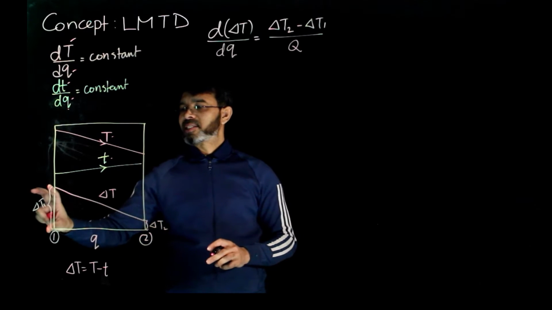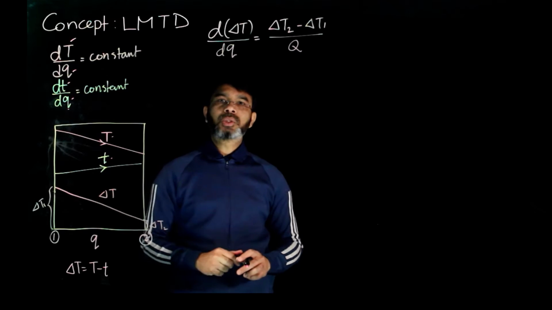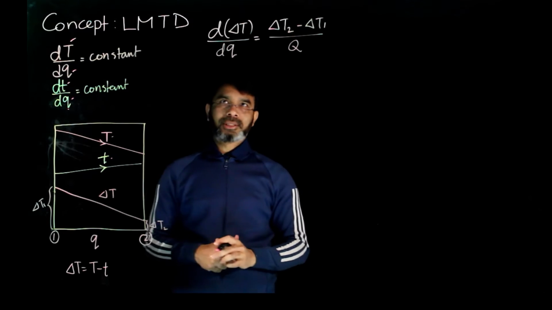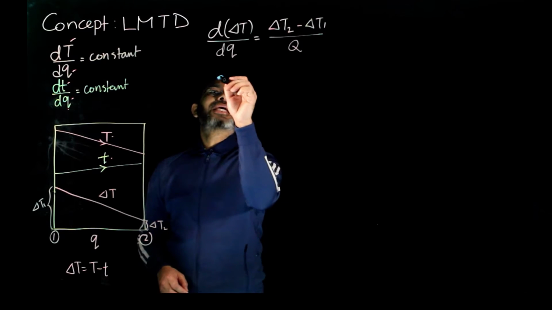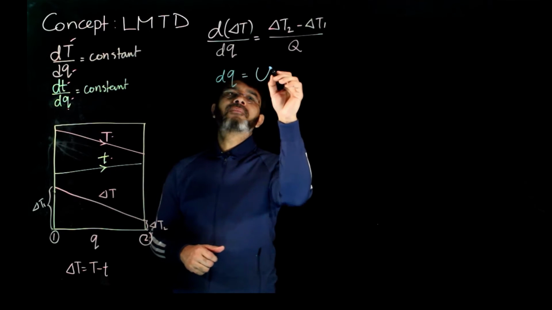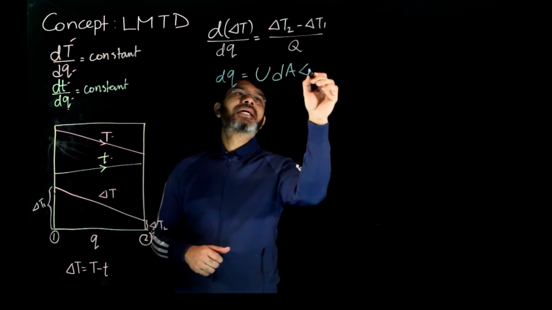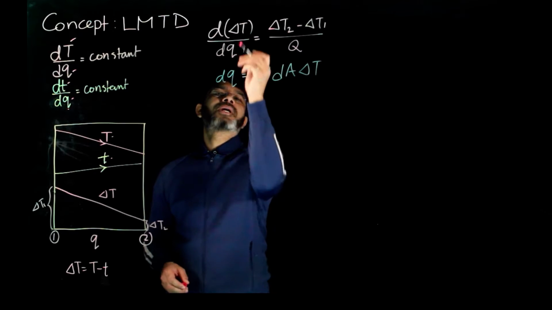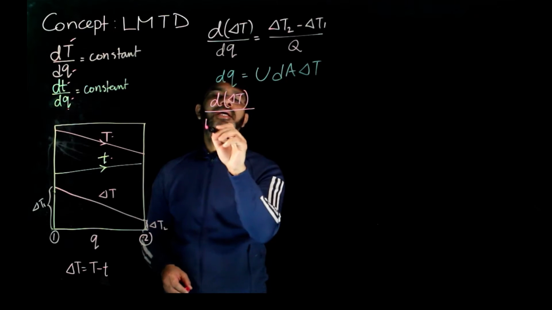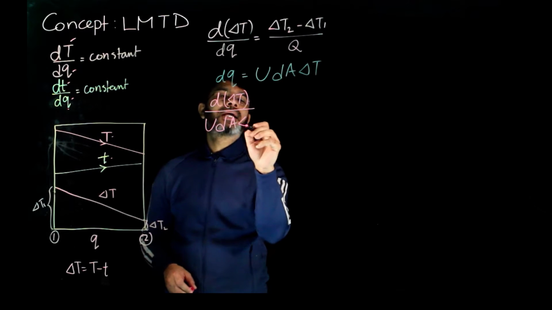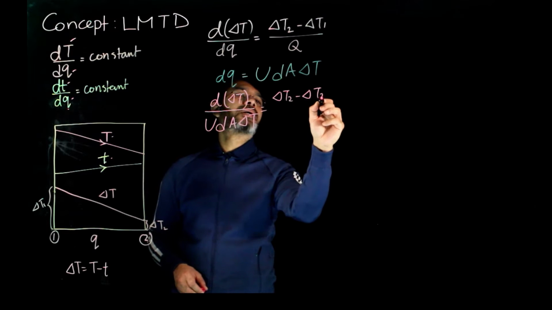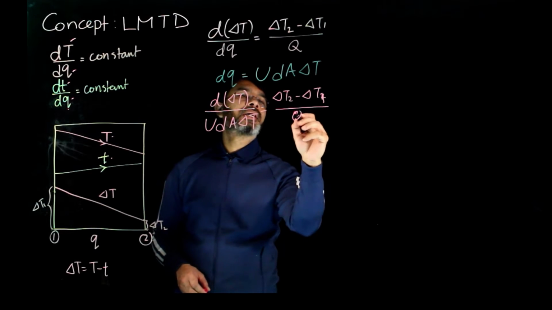If the temperature differences at both ends are delta T1 and delta T2, the slope of the line can be calculated from these 2 points. Also dq, the heat transfer within the differential area, we defined as U dA delta T. So if we substitute it, we end up getting d delta T over U dA delta T equals delta T2 minus delta T1 over Q.